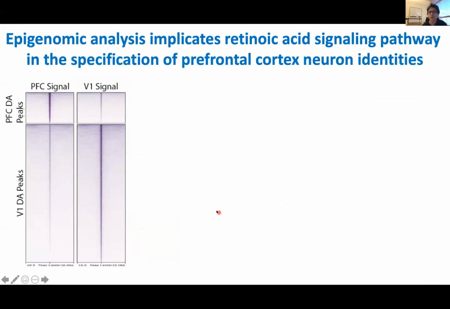Next, we wanted to see if we can use this information to predict what sort of regulators might be playing a role in this differential differentiation of PFC and V1 lineages. To achieve this, we identified differentially accessible peaks between prefrontal cortex and visual cortex excitatory lineage cells.